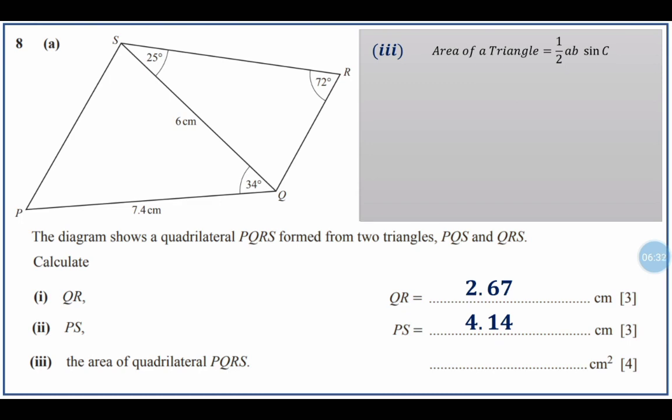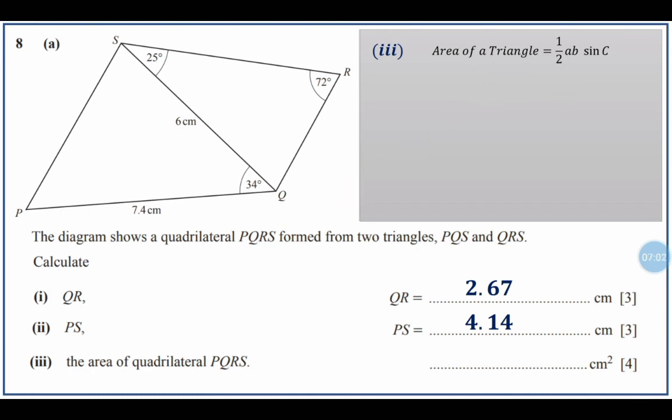Area of the triangle 1/2 ab sine C can only be used if the triangles that we have here are oblique triangles. Of course, if you have a right triangle, do not use this anymore. Instead, you will use 1/2 base times height. But in these oblique triangles, you use this formula.